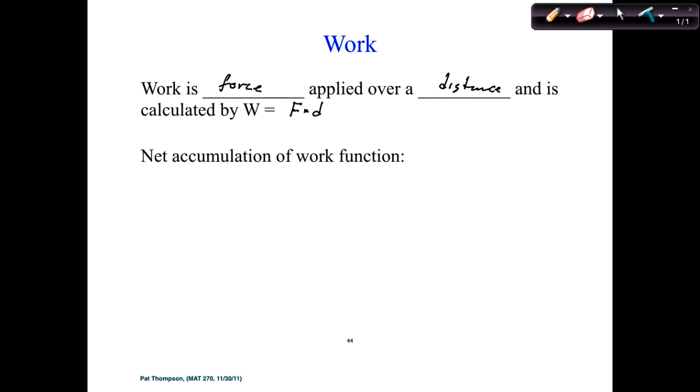What do I need if I want to write net accumulation of work? Yeah, the rate of change function, right? The rate of change. And we can use our integral accumulation function.